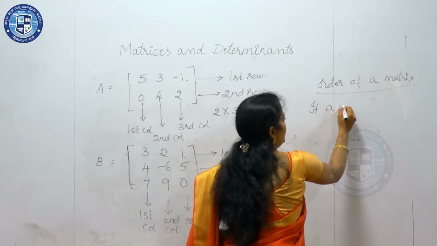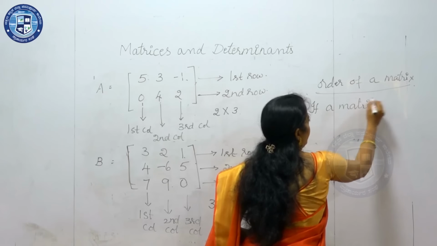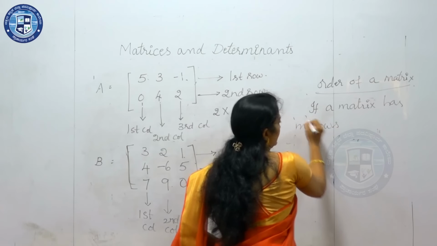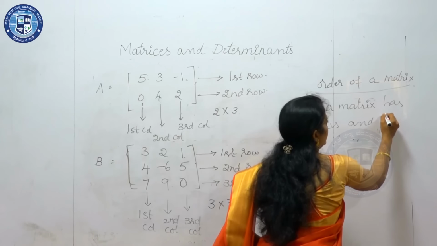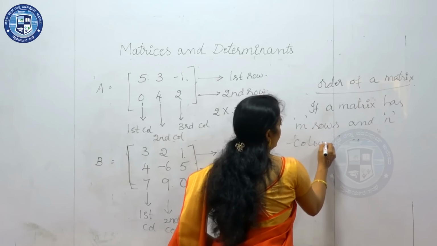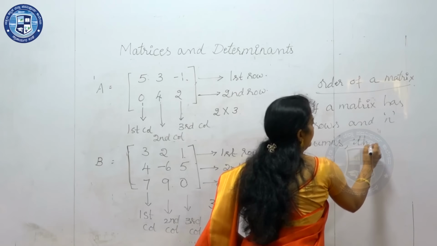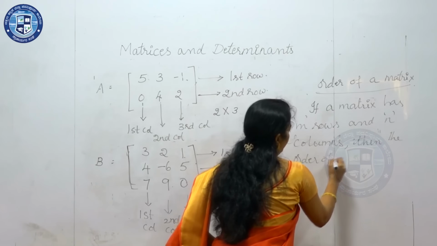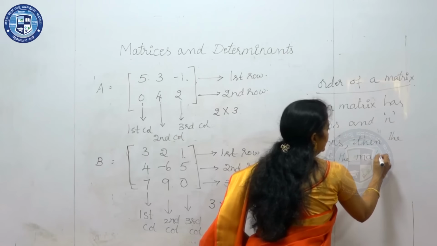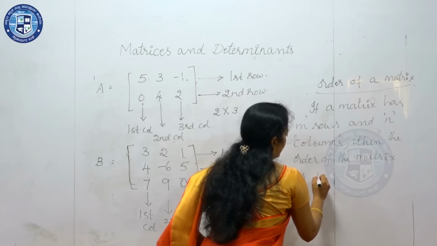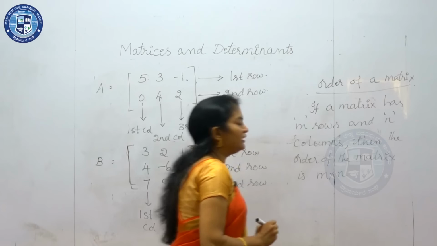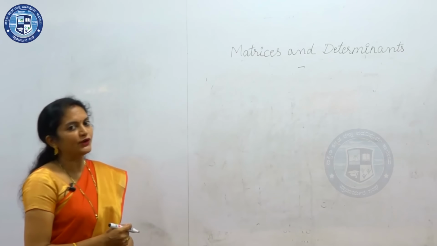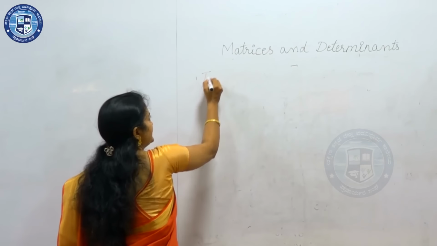If a matrix has m rows and n columns, then the order of the matrix is m cross n or m by n. Now we will see the types of matrices.